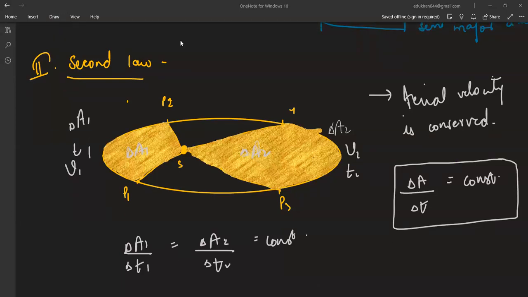Now see what is meant by the second law. For the second law, you have to understand the term areal velocity. What is meant by velocity? Velocity means displacement covered per unit time, right? That is the definition of velocity. When we say areal velocity, it means area that is changing. Instead of using the direct term displacement, if I give you this P1 point and P2 point, you will join these points and say that is the displacement, right?